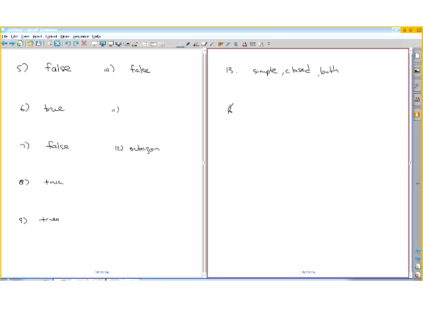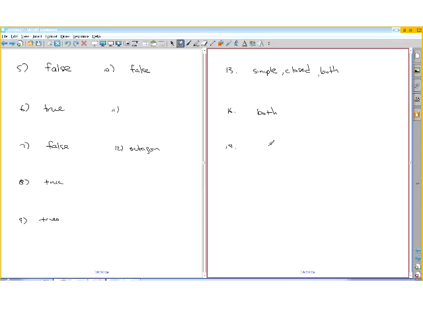So that's both. Okay, number 16 is also both. That's a little more complicated sign, but it still has both characteristics.